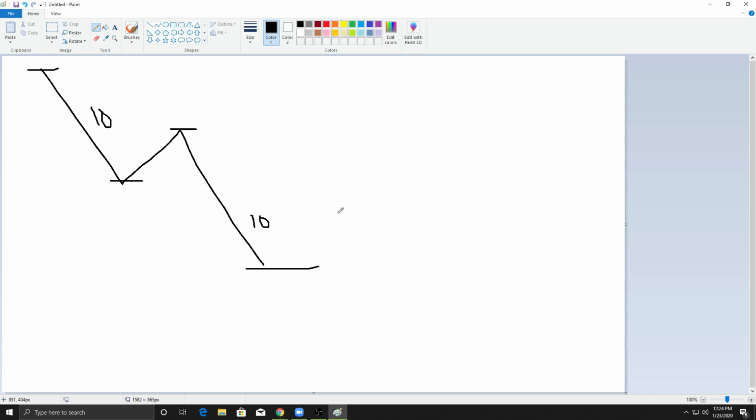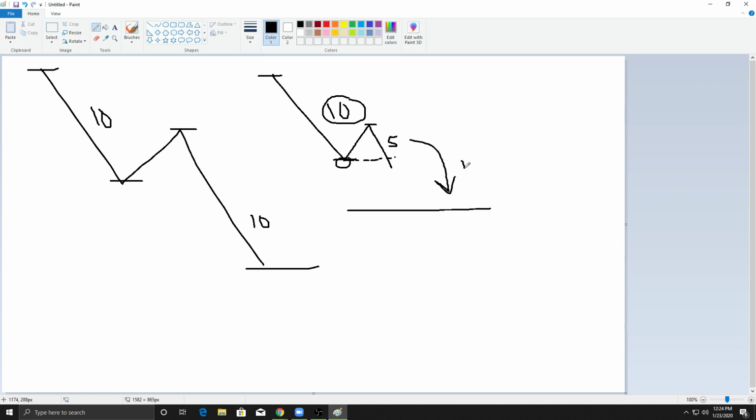And so what an extension dip trade says is, okay, we went 10 pips here. The market pulls back however many, and then it rallies again, breaks this low, and it's only run, say, 5 pips. What an extension dip trade essentially says is that it's going to run a symmetrical version of this, so it's got 5 more pips to go.